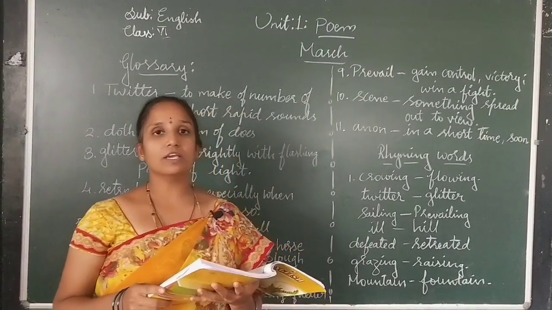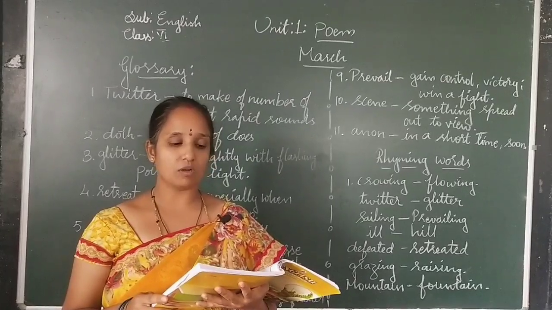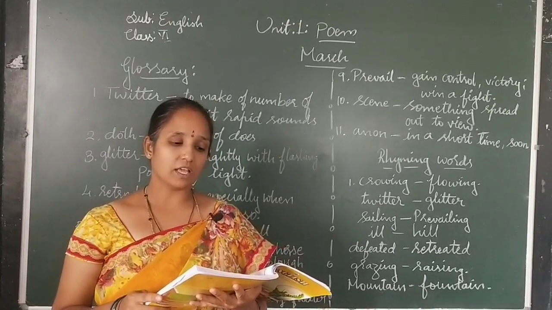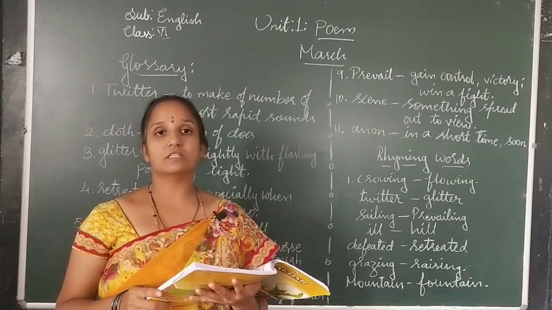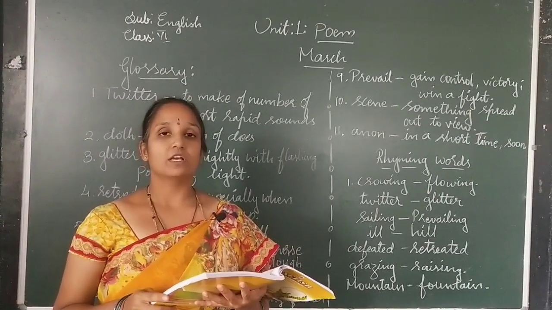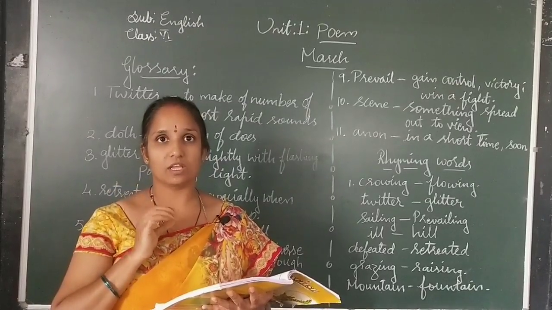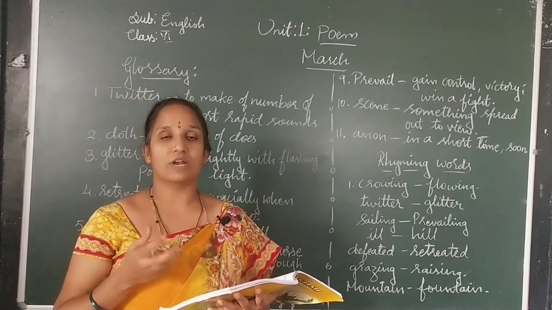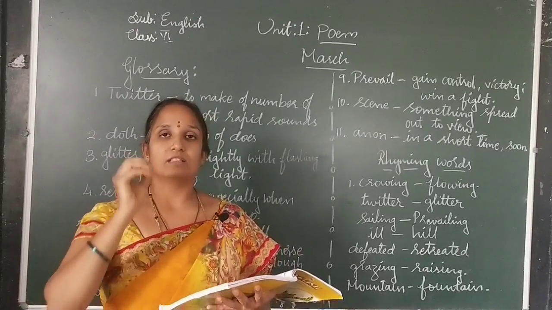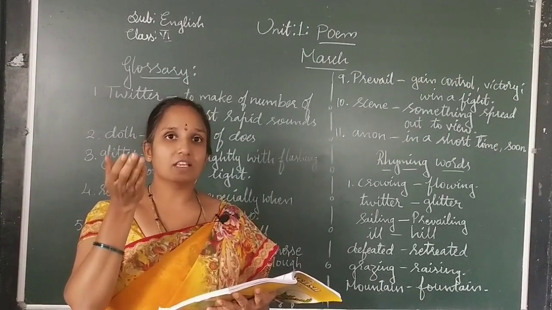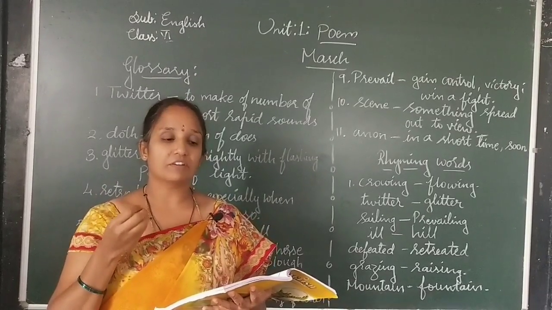Here the cock is crowing, the stream is flowing, the small birds twitters, the lake doth glitters, the green field sleeps in the sun. The cock is crowing means it is making a sound and giving the signal to all the people that the sun is rising and it is time to go to work.